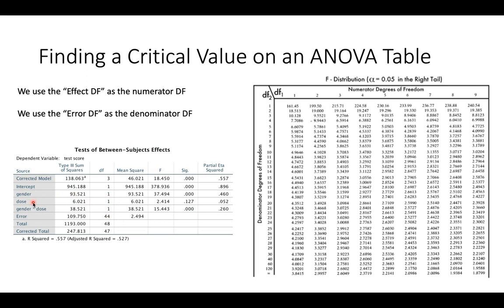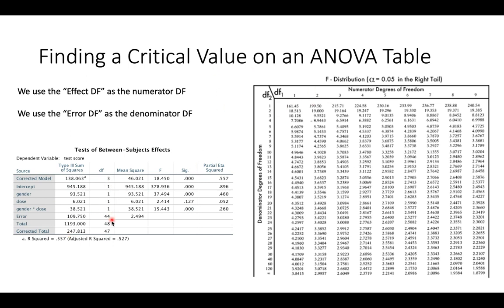If dosage had 3 levels or 4 levels, then it would have 2 or 3 degrees of freedom and would thus have a different critical value than gender. And then we would multiply gender and dosage together to get a degrees of freedom for the interaction that might also differ.